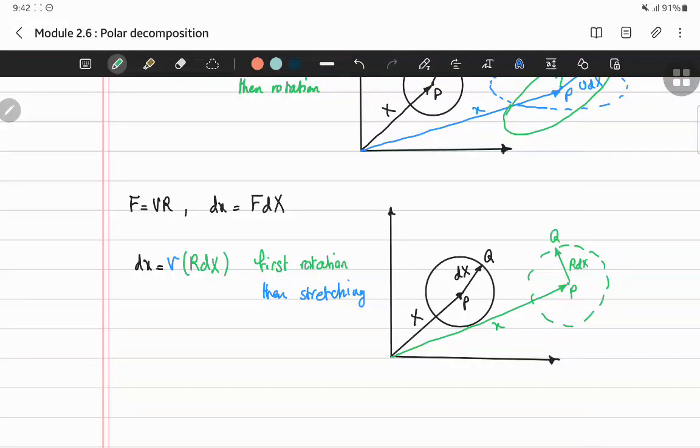So it is first rotated and then stretched. So I have Q in here, and this is V R dX.